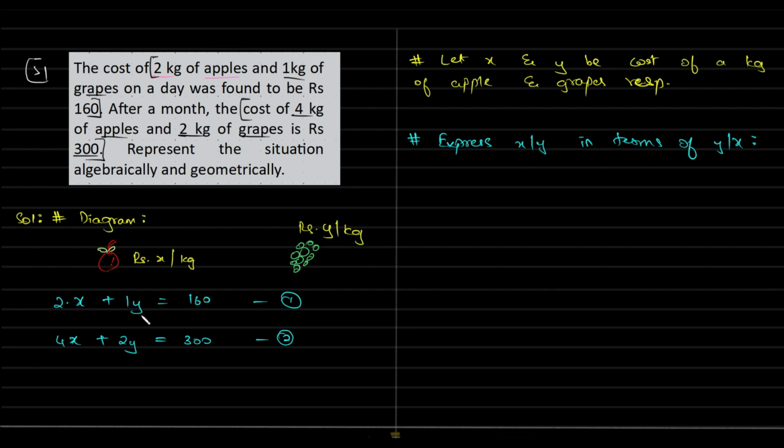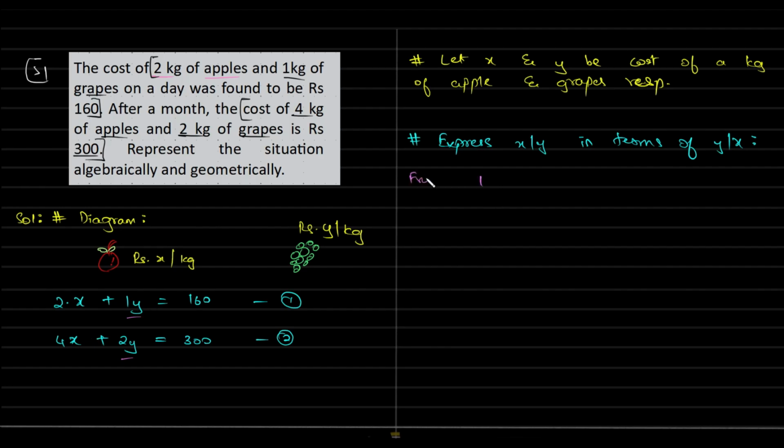Whichever coefficient is easy, you express that way. In this case, y looks easy, and in the second equation, again, y looks easy. There's no rule that you have to go with x or y or a combination. Any one of these is okay. But in this case, y looks good, so I'll go with y.